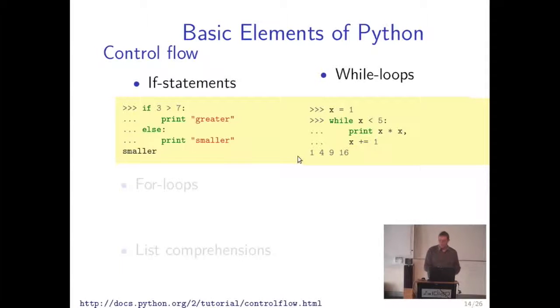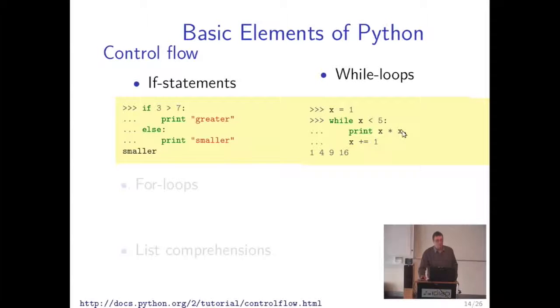There are while loops, which work similarly to while loops in other programming languages. So you write the while keyword, you write some expression that evaluates either to true or false, and as long as the expression is true, you will do the inner block. And here I just print x times x.